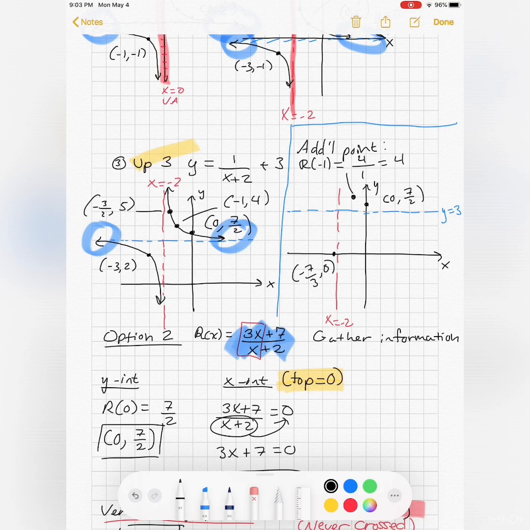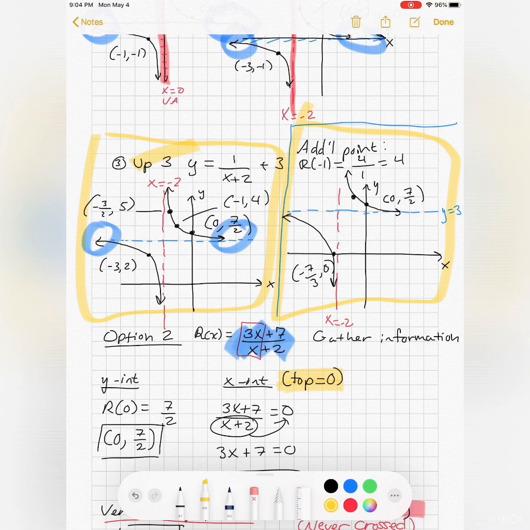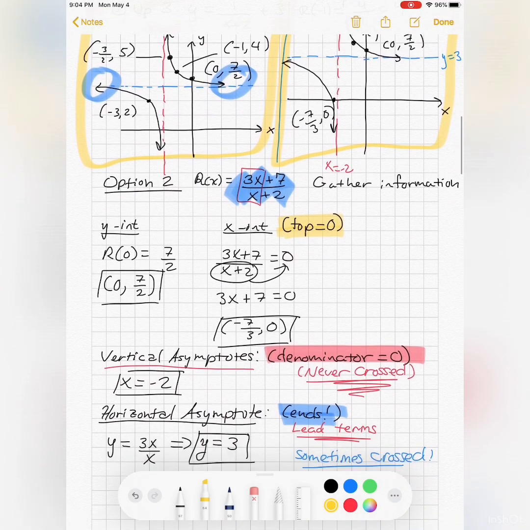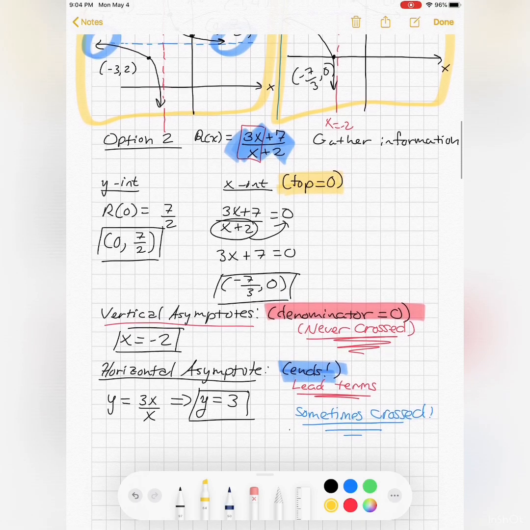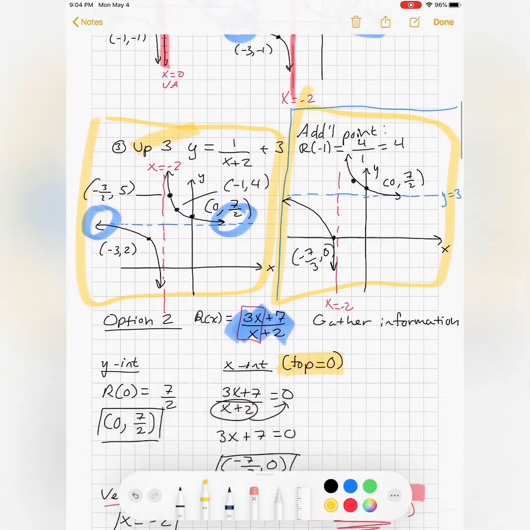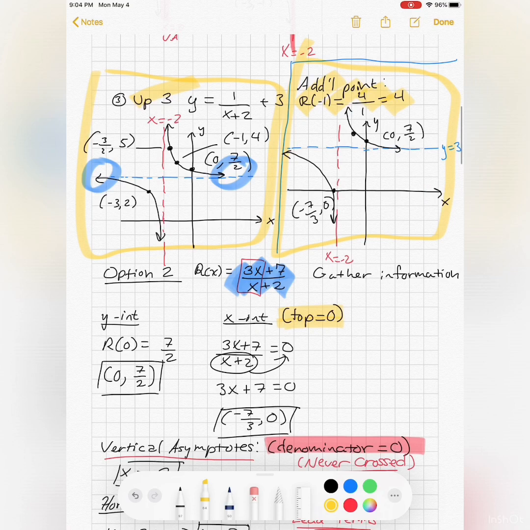Then I'd have an additional point, and so I'd have 3 points on the graph, and there would be my shape. So what do you think? Looks like I got the same graph via transformations or via putting together information. The second option is typically a little bit faster, but then I often have to go back and get an additional point or so by plugging values into the function.